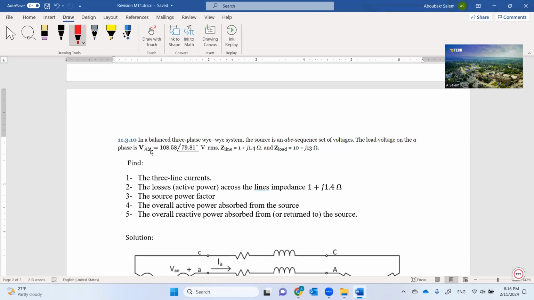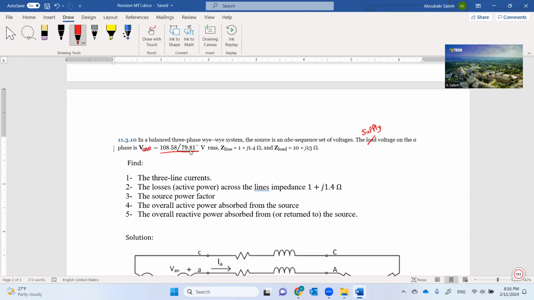Okay guys, let's correct this here. This is not the load, I'm going to say the supply. So the supply volt is VAN, equals 108 at angle 97.81. So this is the supply volt we have.